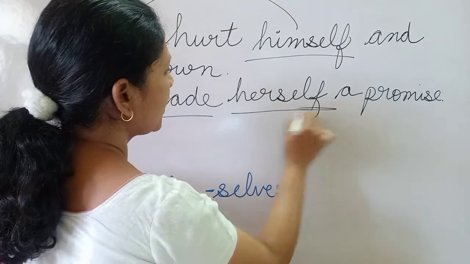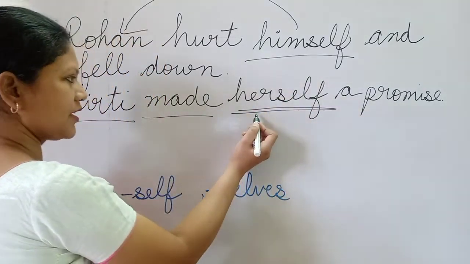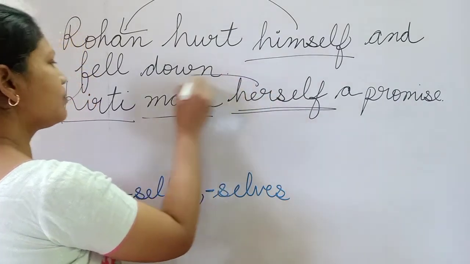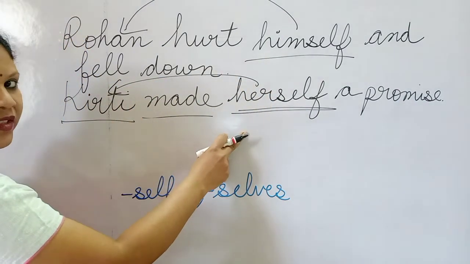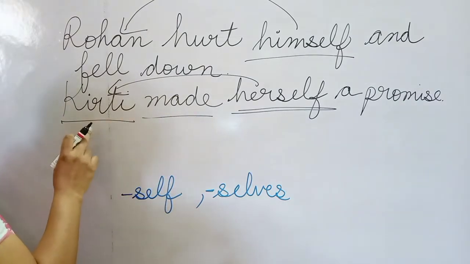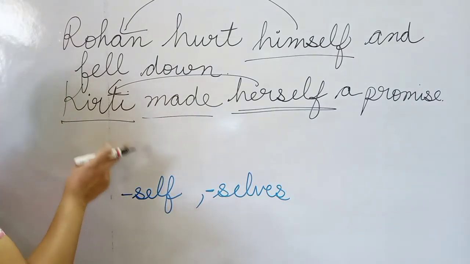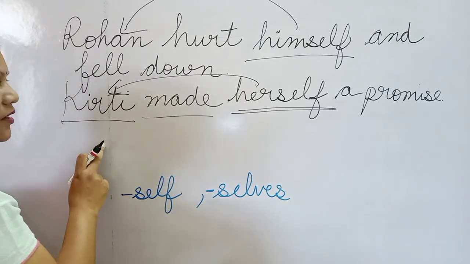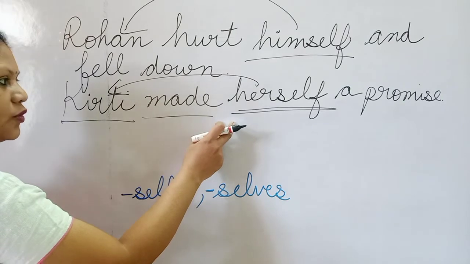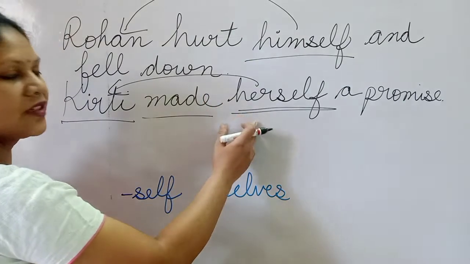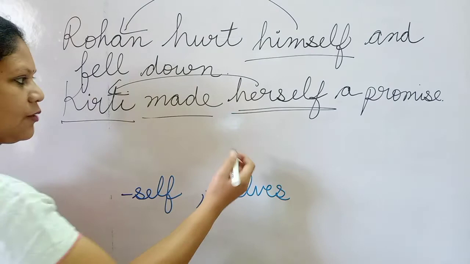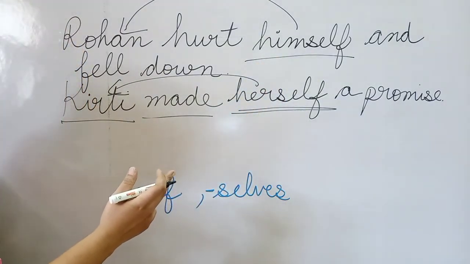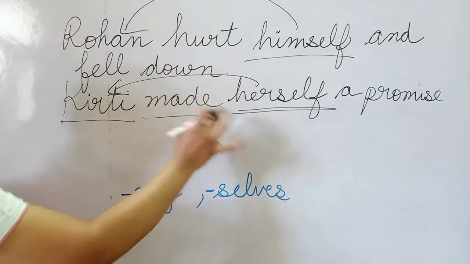Herself here is the reflexive pronoun, and the action refers back to the subject. Since the noun is of female gender, that means feminine, we have to use the feminine reflexive pronoun, that means herself. So we get the reflexive pronouns himself, herself.